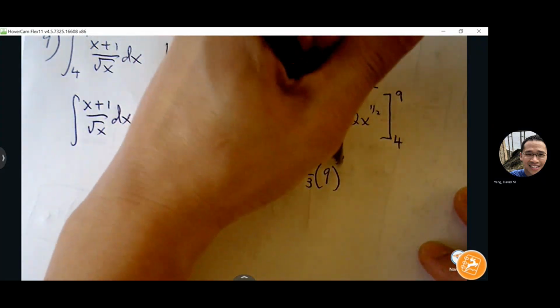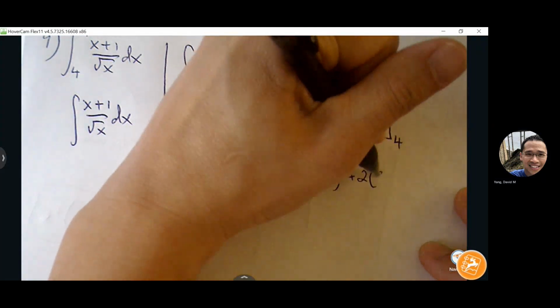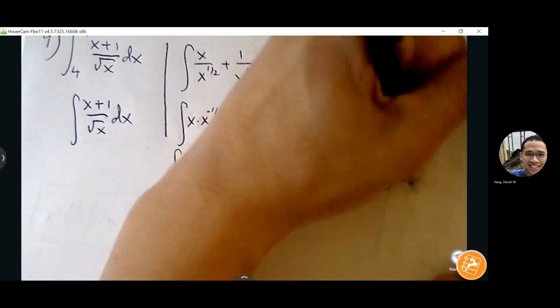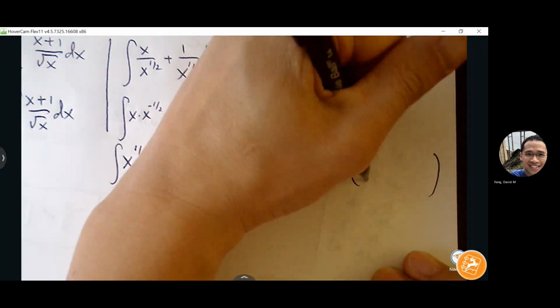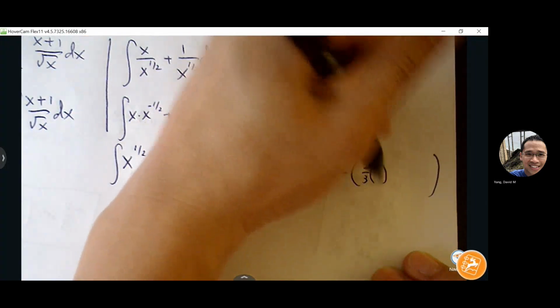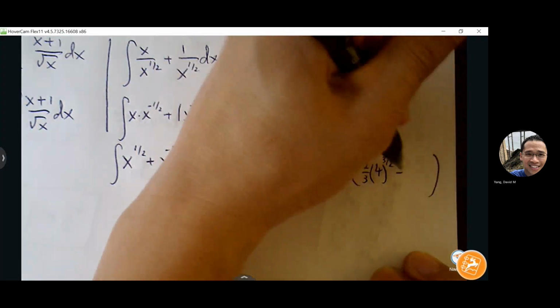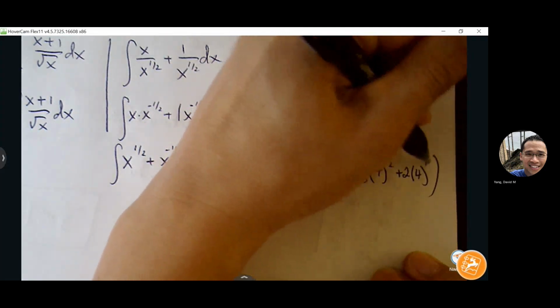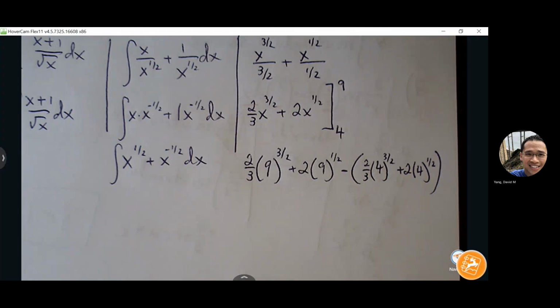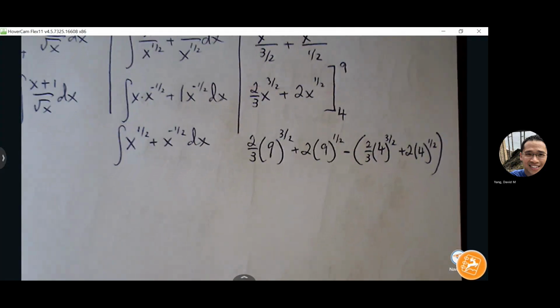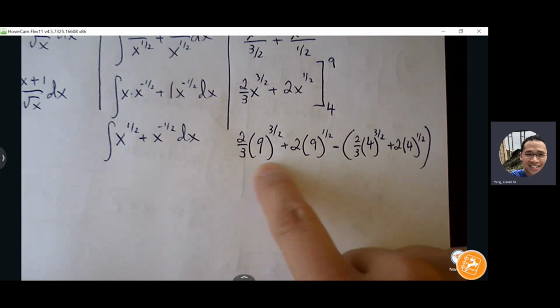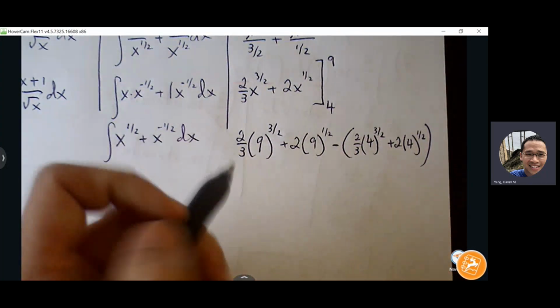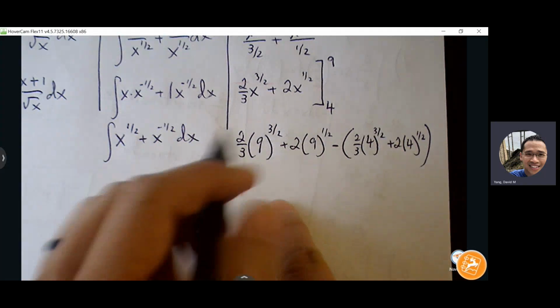Top bound first. Minus parentheses. Okay, I want us to practice reducing these values by hand.